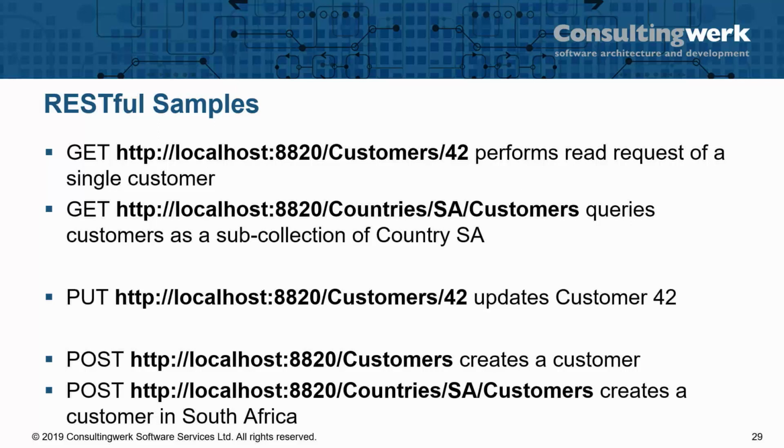And in this case, out of the list of countries, I'm picking South Africa, and I want to have the list of all the customers in that country. So that's one example of how RESTful clients would be addressing data. And yes, in the end, we have to translate it into queries and all this stuff. But web developers understand these forms of requests, and they're quite happy when they see that.